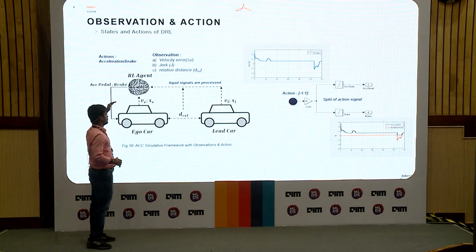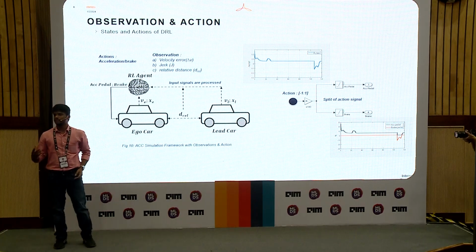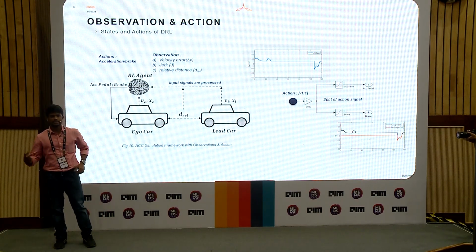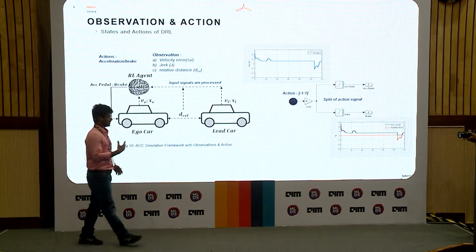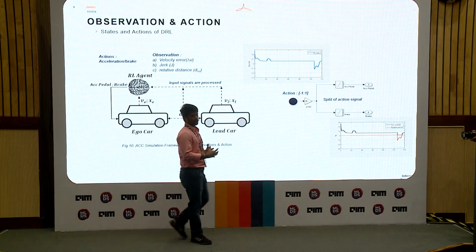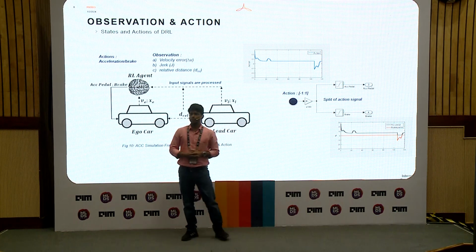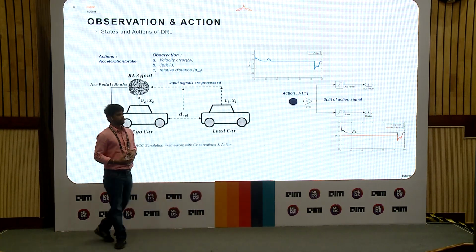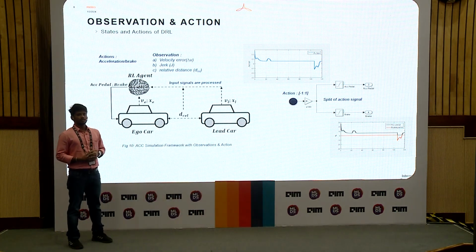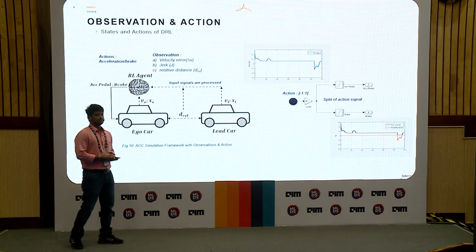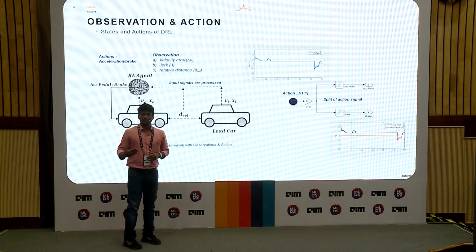Ideally we would need acceleration and braking, two signals, as actions. But since this is a battery electric vehicle, we thought we could use one signal which can be split into two, because in a BEV we will not have both acting simultaneously. Either we will be applying the brake or accelerating.